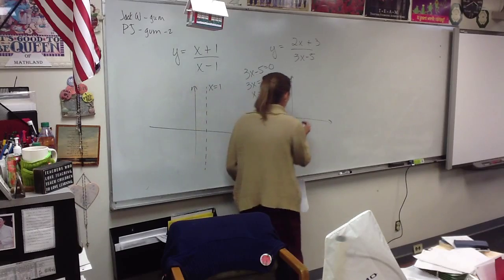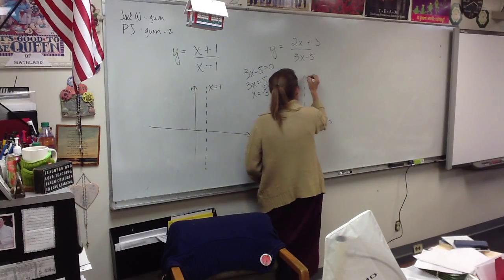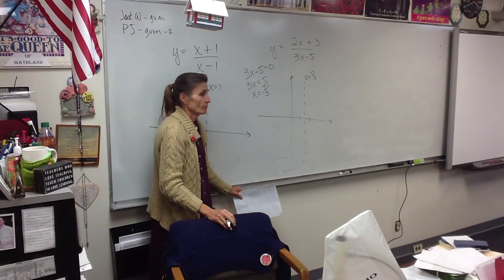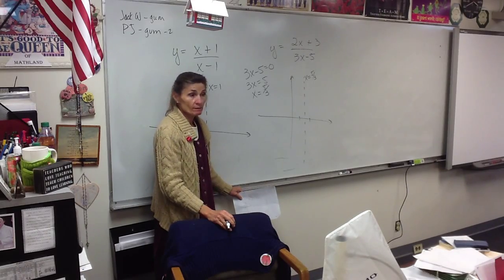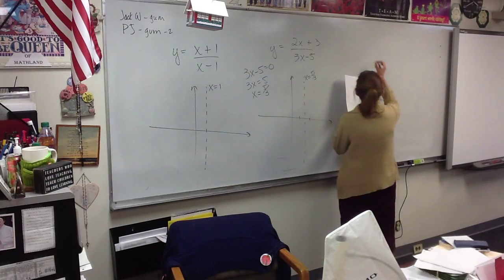Five-thirds. So we're going to have a vertical asymptote at x equals 5/3. Now when I'm doing vertical asymptotes, am I looking at the numerator at all? No. It's only the denominator. What makes the denominator 0?